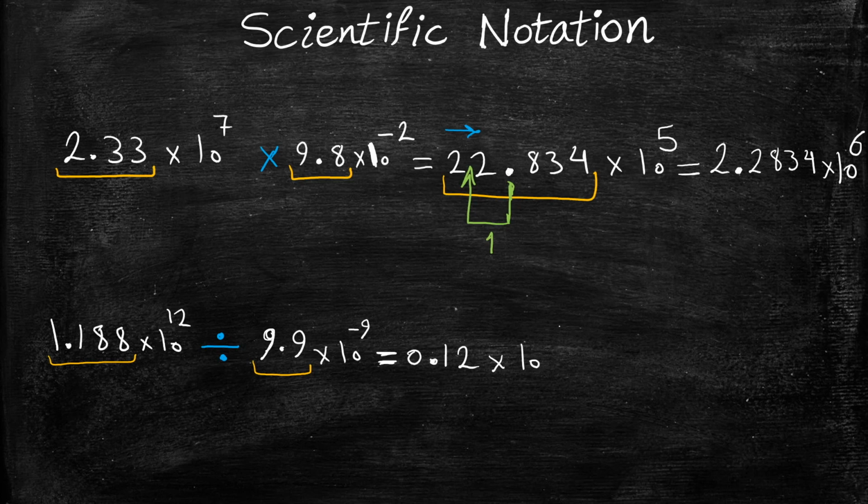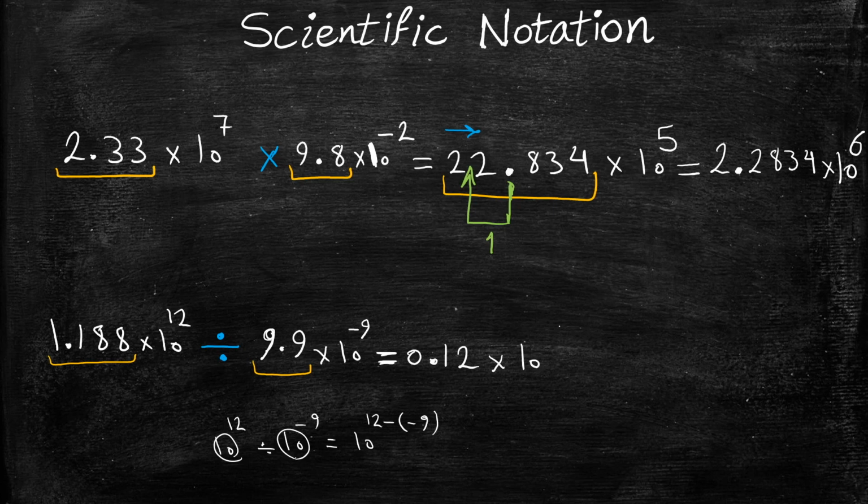So here we are dividing two numbers, 10 to the 12 divided by 10 to the negative 9. The bases again are the same. The bases are 10, so the base of the answer is also 10. Since it's division, we subtract the exponents, the powers. So we say 10 to the power of 12 minus negative 9.